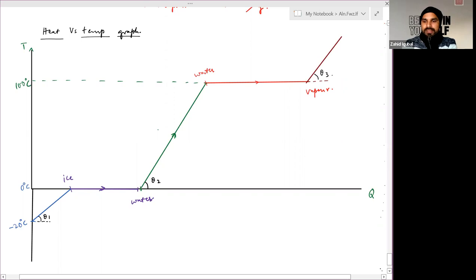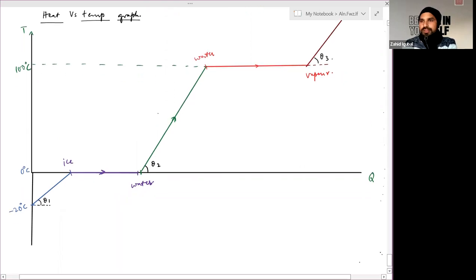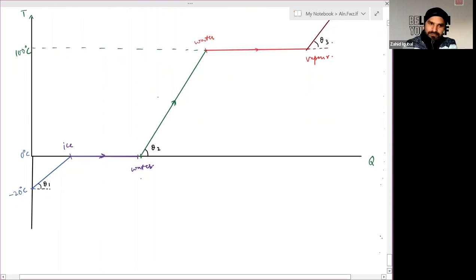So let me define what this particular theta or slope of this curve will actually tell you. Since these three different curves are straight lines representing specific heat, we may write dq equals ms times change in temperature.